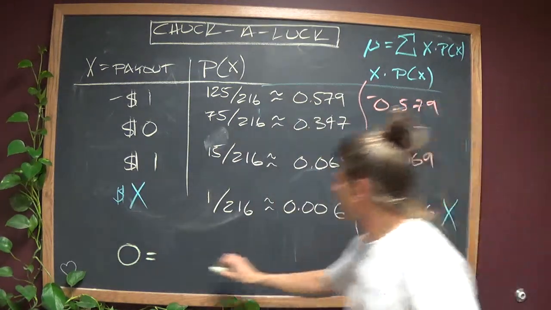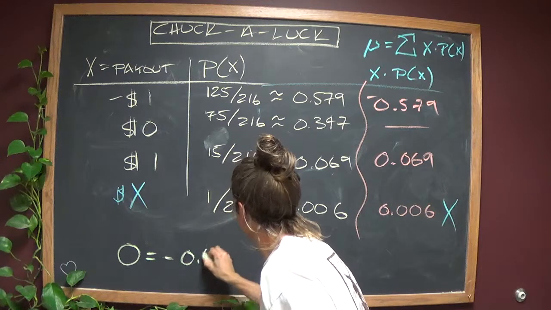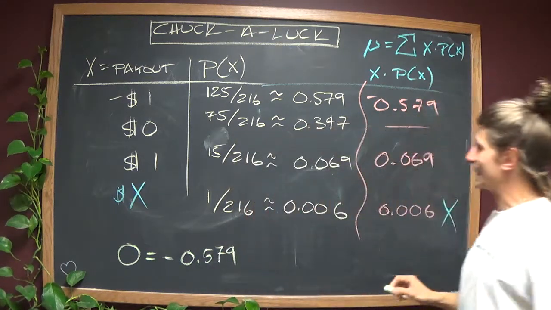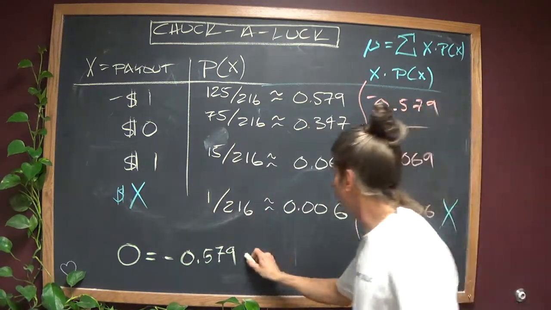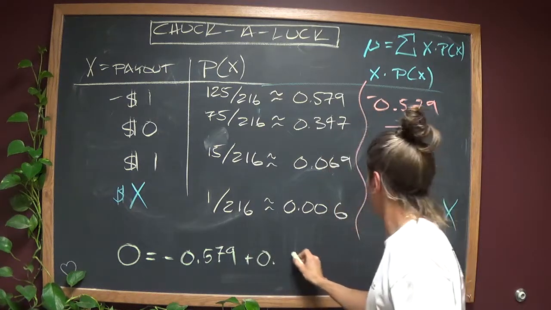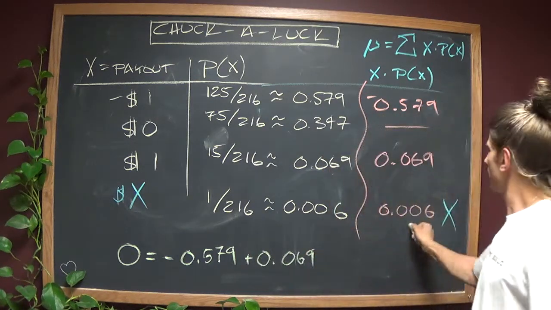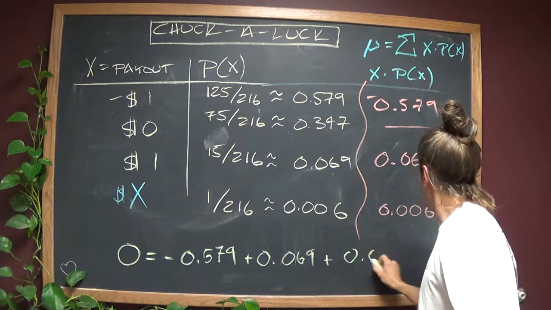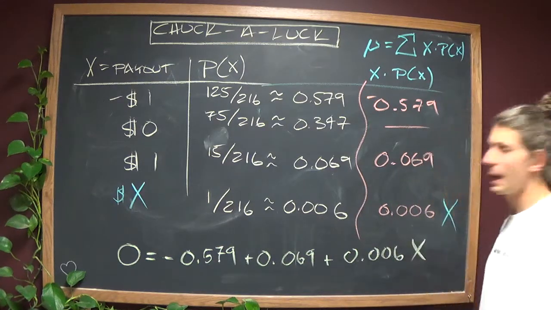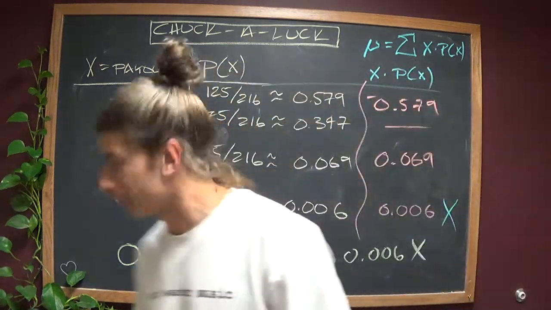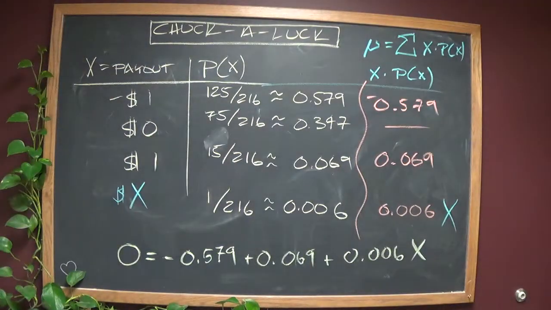So we're going to add up that negative 0.579, 57.9 cents lost, plus the positive 0.069, plus this guy, 0.006x. I'm truncating these. I'm rounding them off to the nearest thousandths place just to get the point across.